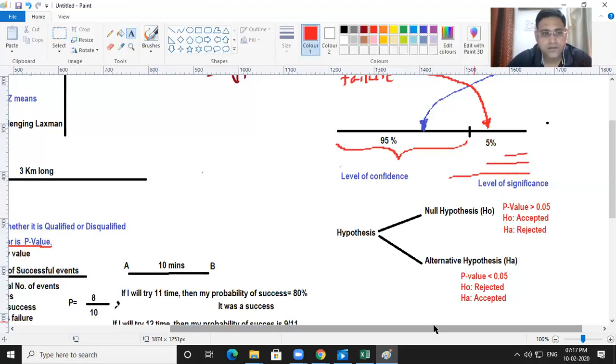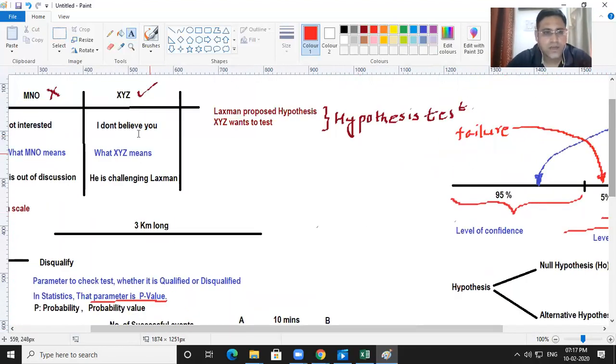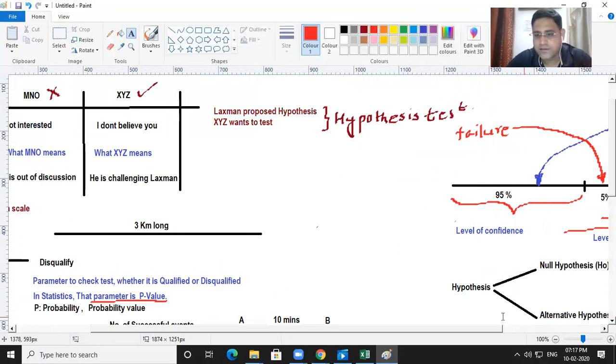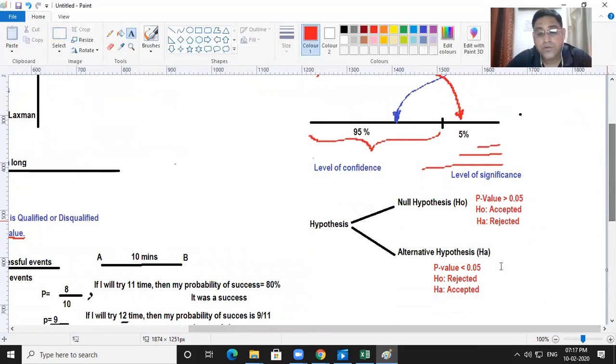And what I said, that I don't believe you, I challenged him. I wanted to test him. The hypothesis which Lakshman gave us, that I can hit 6 sixes in 6 balls, I challenged him and he was not able to prove it.